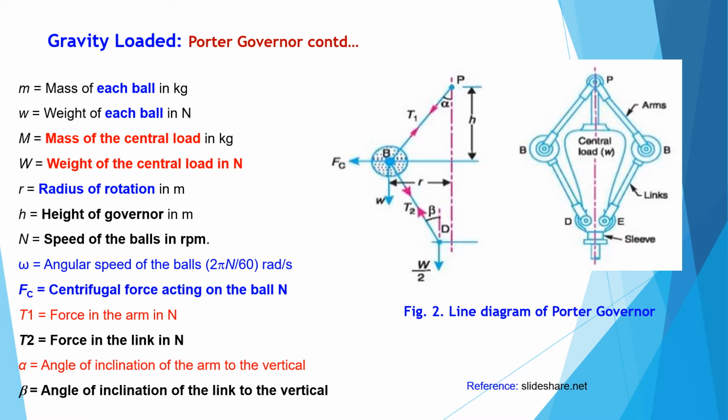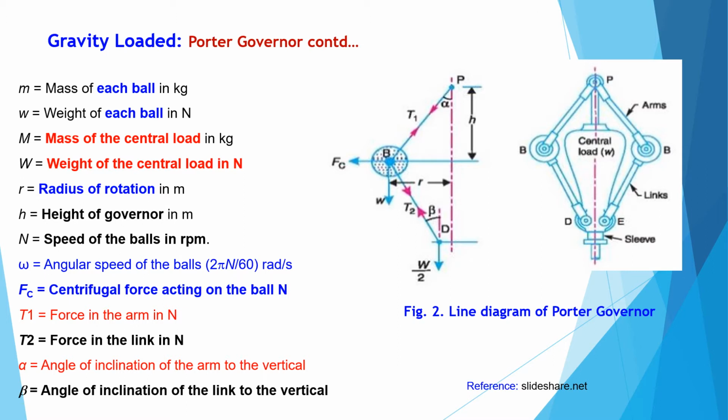The governor has symmetry about the spindle axis, and the mass of the arm, link and spindle is negligible as compared to the balls.